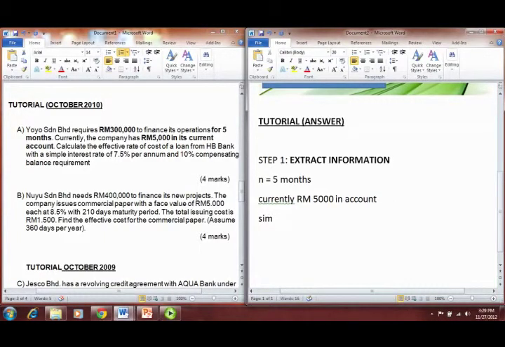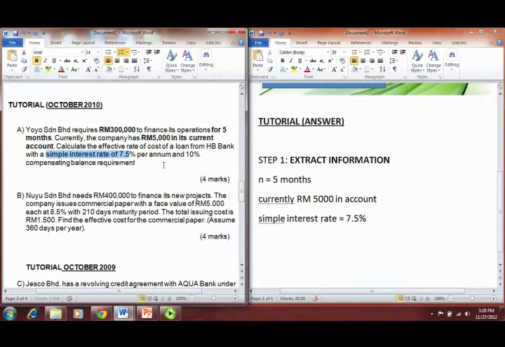So the simple interest rate equals 7.5%. Next information class, this is your simple interest rate, 7.5%, and 10% compensating balance. You extract the information.